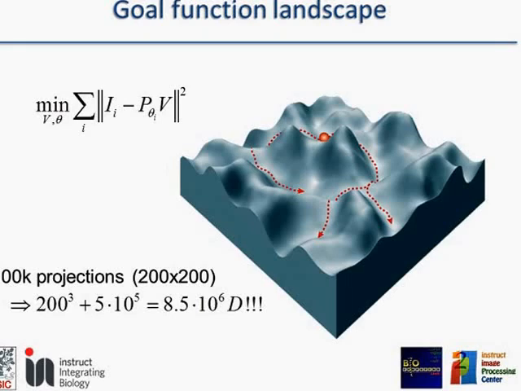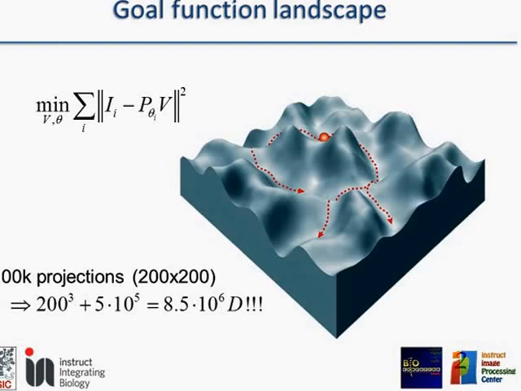So you are trying to minimize the variance of this noise. So you have to minimize this function with respect to two things. One is the volume. So the volume, for instance, if you have a volume of 200 pixels in size, your volume has 200³ parameters. So you have to find 200³ values.